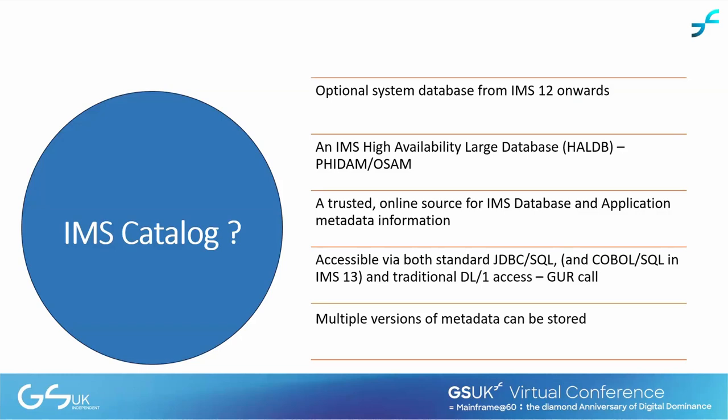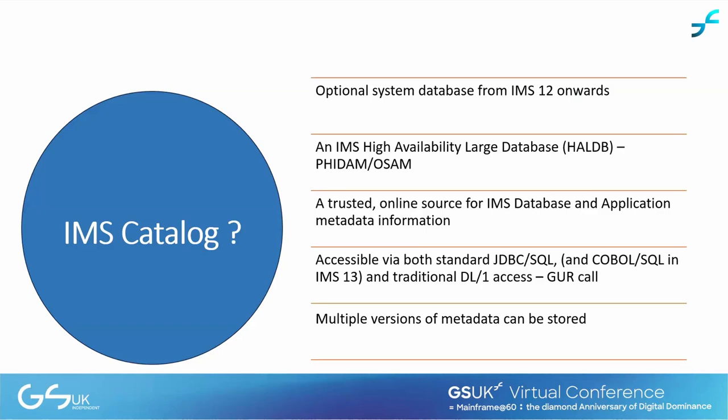And I think the catalog is probably the third biggest change in the history of IMS. And we all need to embrace that as an IMS community, as customers, as vendors, as IBM. I think we are moving in the right direction because IMS has been working fantastically well in the last 50 years. But we need to ensure that it works that way and serves the purpose for the next 50 to 100 years, or for decades.